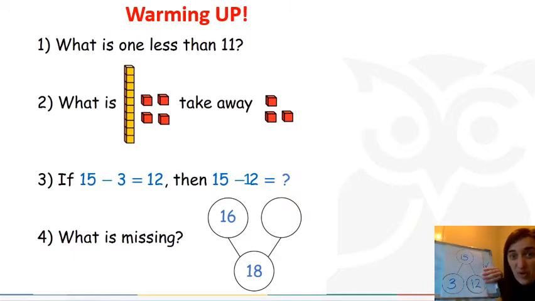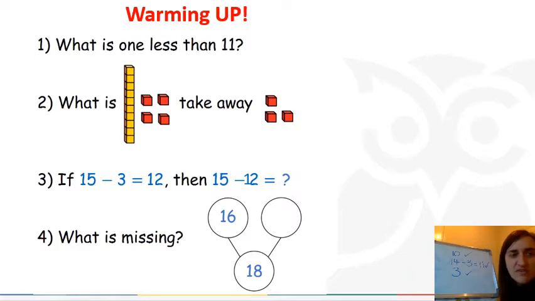So, if we were doing it the other way around, we're just switching the numbers. 15 take away 12 must be, did you say 3? Yes, it's 3. They're in the same fact family. So 15 take away 12 equals 3.